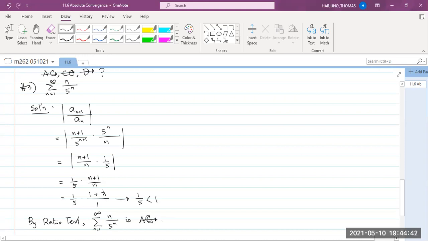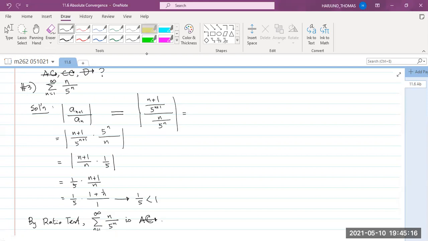Thomas, can you explain what you did in the second line? So a sub n plus 1 is n plus 1 over 5 to the n plus 1, is it right? Okay, now what happened to the denominator? Divided by n over 5 to the n, is it right? That's the same as multiplying by the reciprocal.